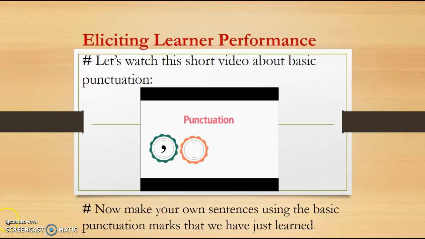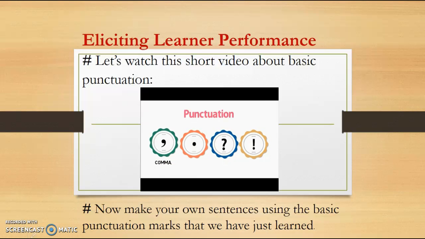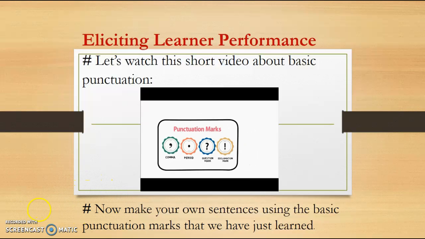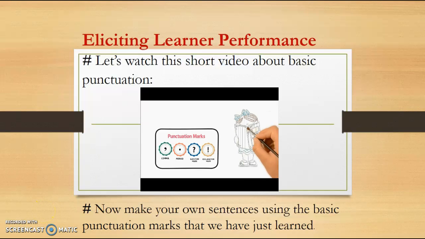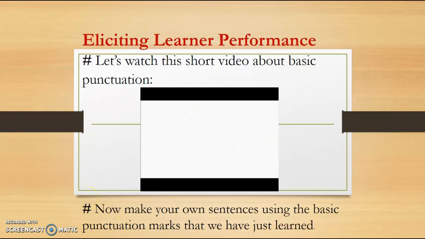Comma, period, question mark, exclamation mark, comma, period, question mark, exclamation mark, punctuation mark. You got to have a bigger sense. Punctuation mark. You got to have a bigger sense. That comma's just a little thing that says slow down.